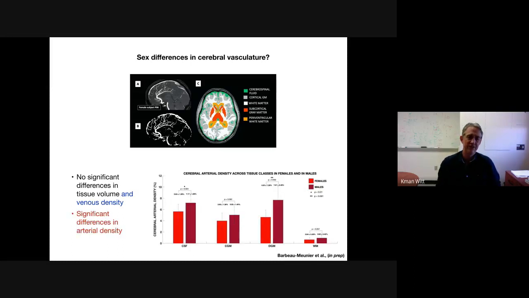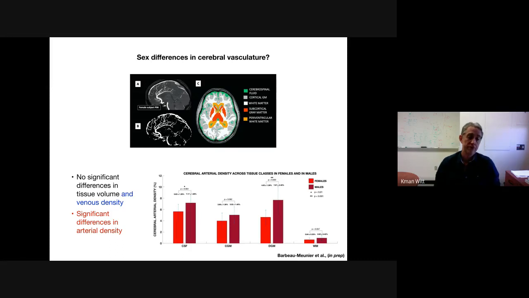But when we looked at the arterial density, we found that women on average had a lower arterial reserve compared to males. Now, this effect is not dramatic, but it was highly significant. And anecdotally, even when you're looking at the images, you can see that there are just fewer blood vessels per unit area in females compared to males.